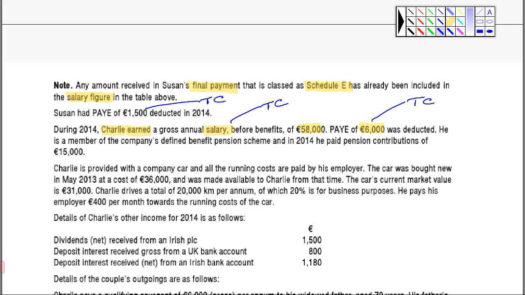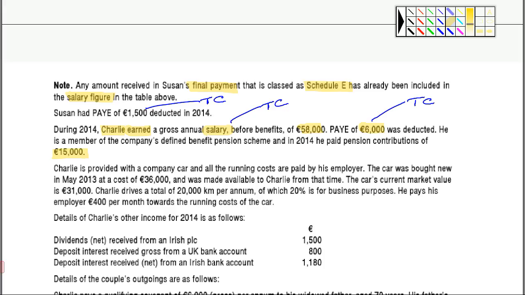They give us some details on the defined company benefit scheme, in other words, a pension scheme that he is a member of, in other words, an occupational scheme. So in essence, his net relevant earnings are basically just going to be his salary, nothing else. Okay, so we see that he's contributed €15,000.